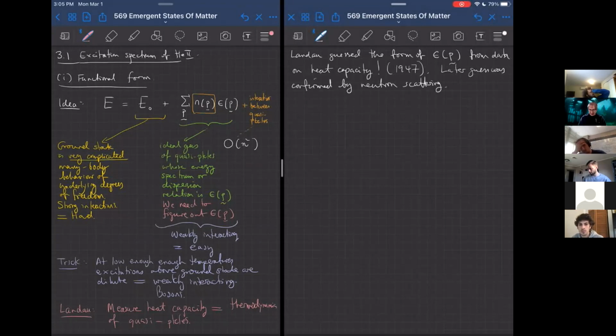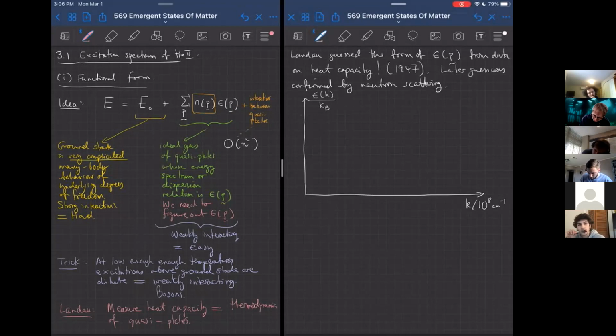Okay, so let's draw what this thing actually looks like. Here is going to be wave number in units of 10 to the 8 inverse centimeters. Up here, I'm going to plot epsilon of k divided by Boltzmann's constant.